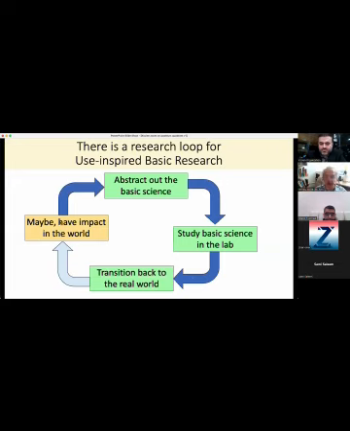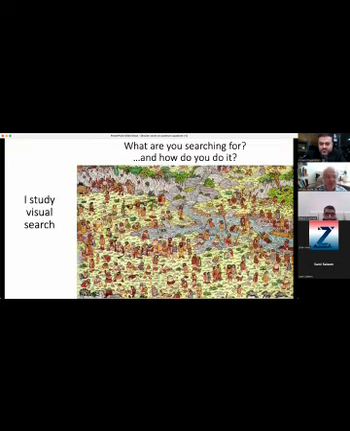So it's not that we originally go out and try to solve the problem in the world. What we try to do is figure out what's the underlying science that would be important if we were going to solve the problem. So let me give you one example from my own work.